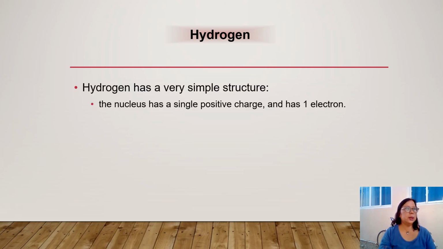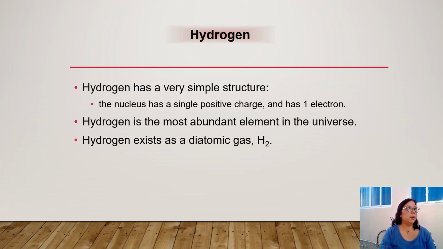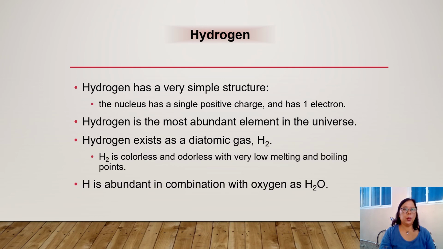Okay, let us discuss the cations one by one. In your inorganic chemistry, we have discussed already what hydrogen is, but this is just a review. Hydrogen has a very simple structure: it has only one electron, and its atomic weight is near 1.